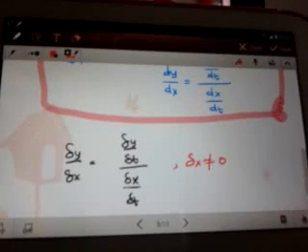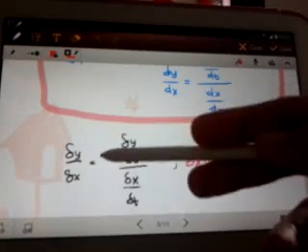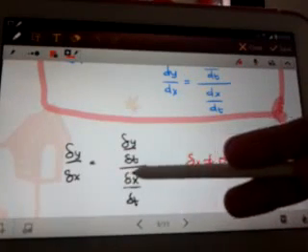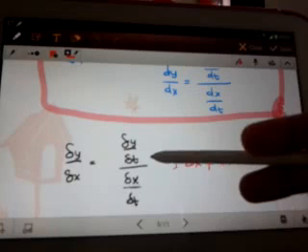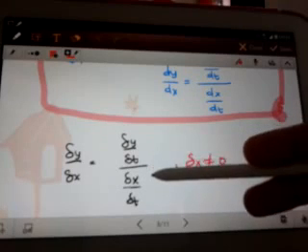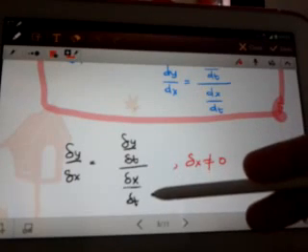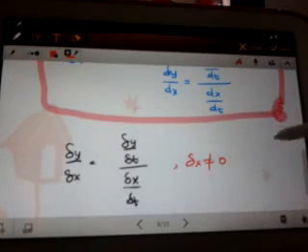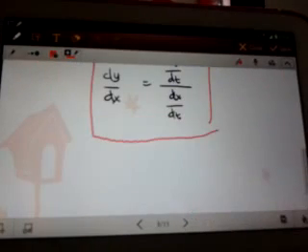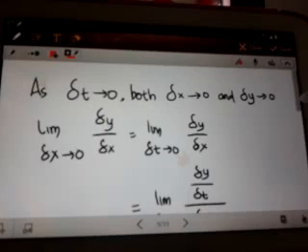So you have delta y over delta x is equal to delta y over delta t, over delta x over delta t. So this will be referred to as the limit as delta t gets close to 0, so both delta x and delta y are close to 0.